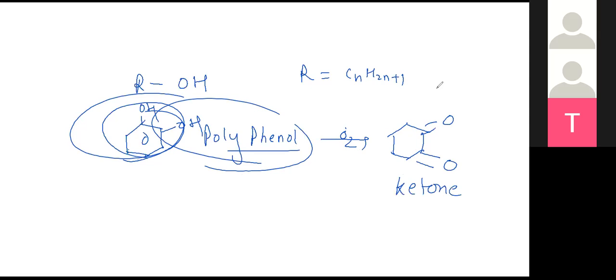This is a ketonic group attached to the benzene ring, which is quinone. So the polyphenols which are released are oxidized by oxygen in the air, forming quinones. These quinones undergo further reactions including polymerization, giving a brown color product, tannin.